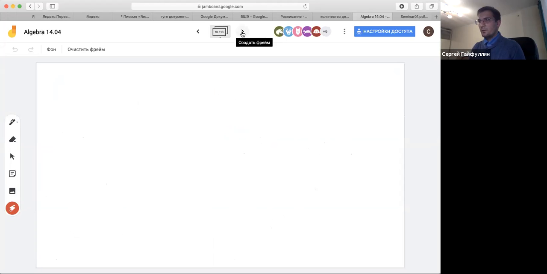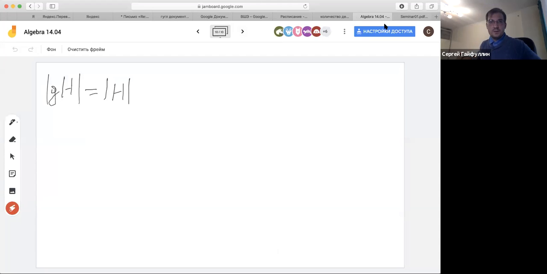We have the following knowledge. What is the order of the left coset? I claim that this equals the order of H. Yes, of course, there is a right answer in chat. So how many elements are in H?